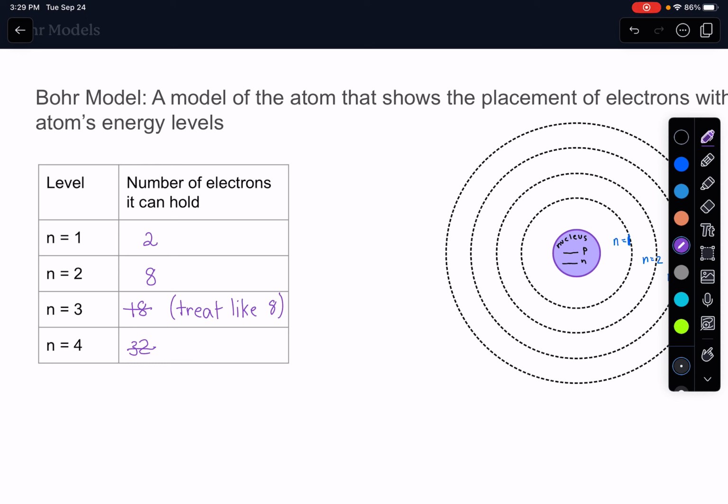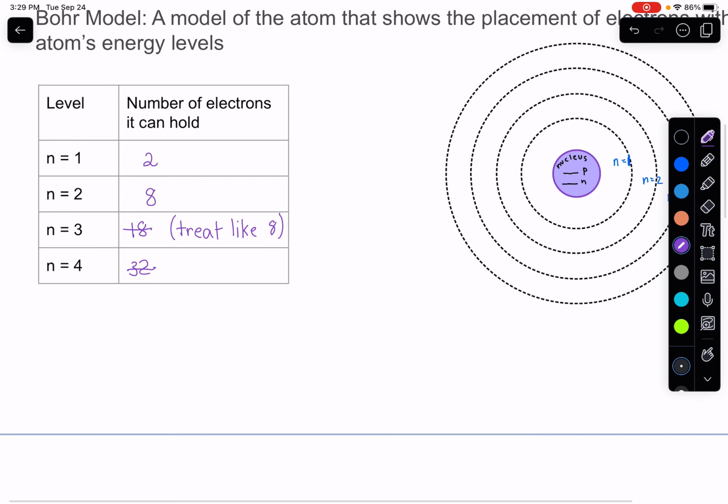Okay, so here are the steps that you are going to follow if you are drawing a Bohr model. The first thing you have to do is find the number of protons, neutrons, and electrons. And you do that just by looking at the information that's given to you in the problem. The number of protons is going to be the atomic number for that element.